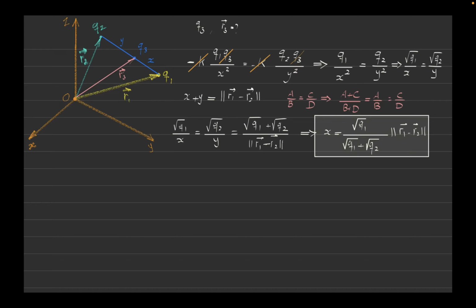The force acting on Q1 because of the presence of Q2 is a repulsion force because both of them are positive, and the force because of the presence of Q3 acting on Q1 is an attractive force. Again, these two should be equal in magnitude because they are already opposite in direction and already aligned on the same line. So the only thing I have to take care of is making the magnitudes equal.